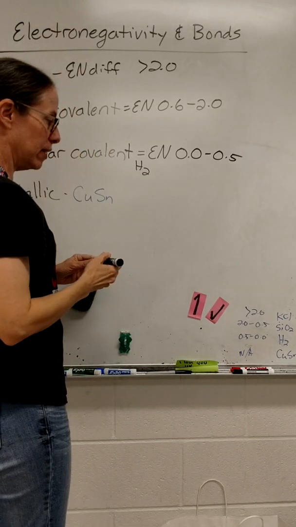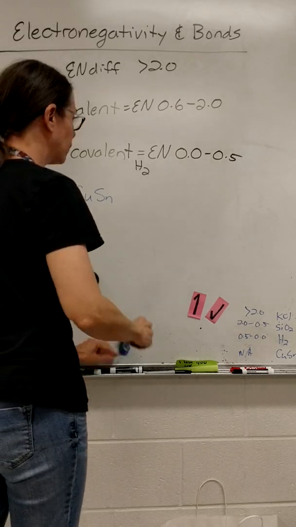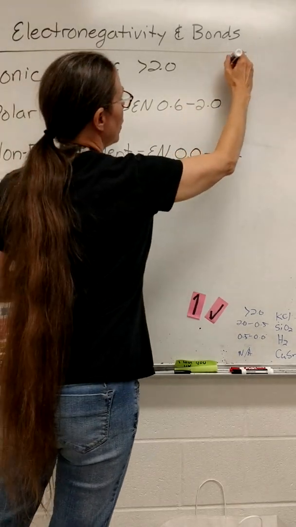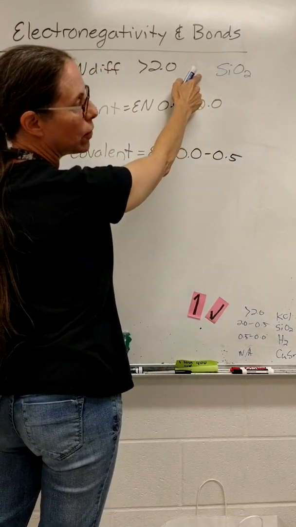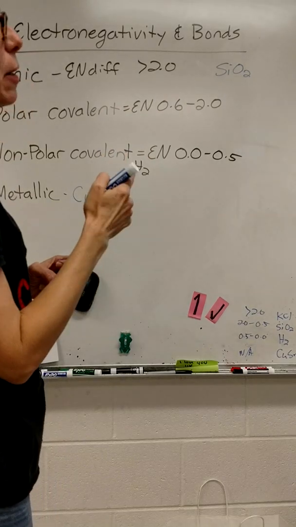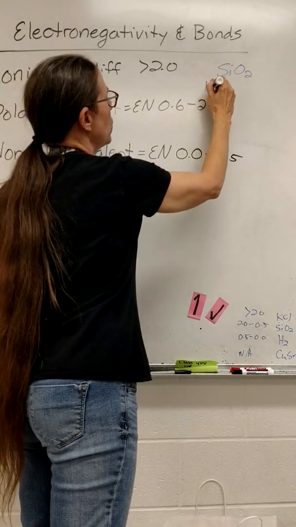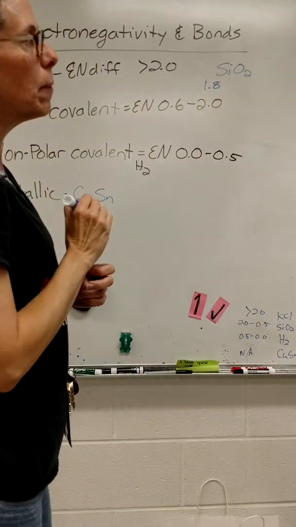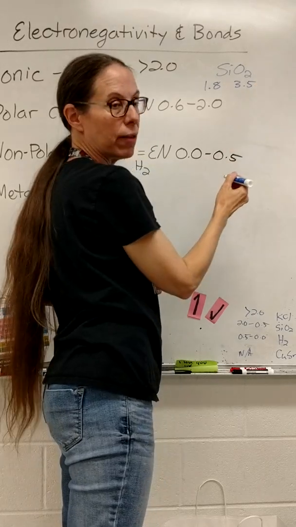So let's go ahead and look at another one. Let's look at silicon dioxide. So here is silicon dioxide. I'm going to look up the electronegativity of silicon. You can't see it, but I have it being projected on my screen right now. That is 1.8. I'm going to look up the electronegativity of oxygen. That is 3.5.